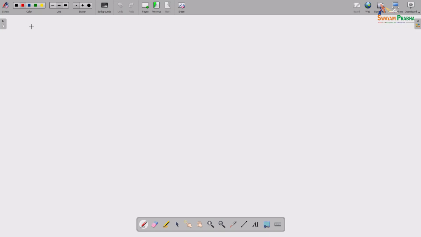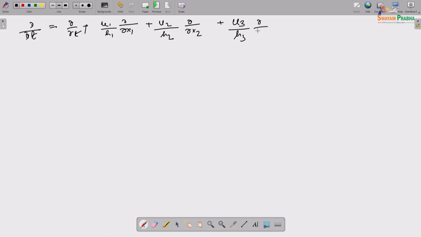The operator, d dt. Yeah, so these are the three equations, and we have this operator here.